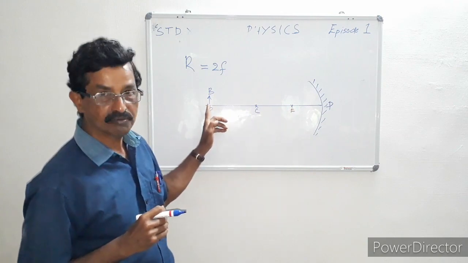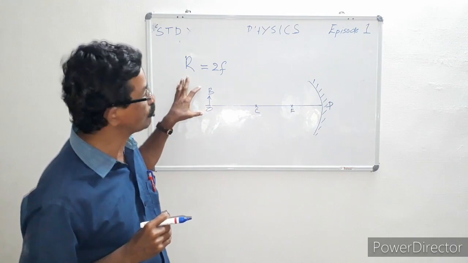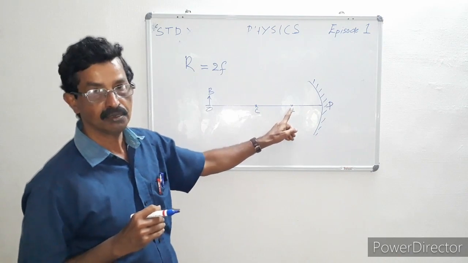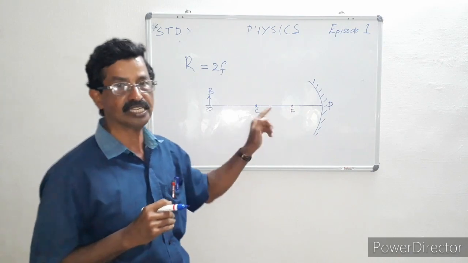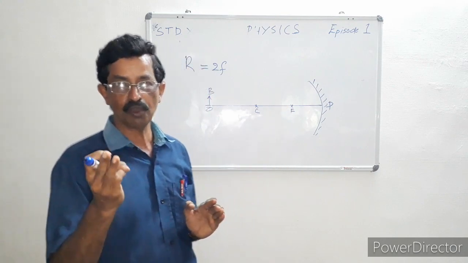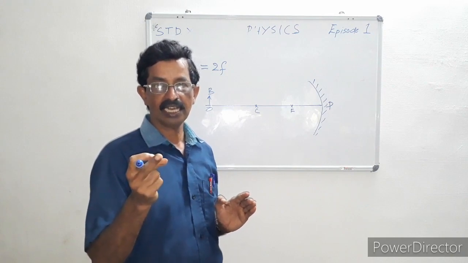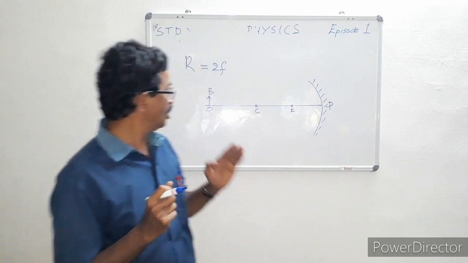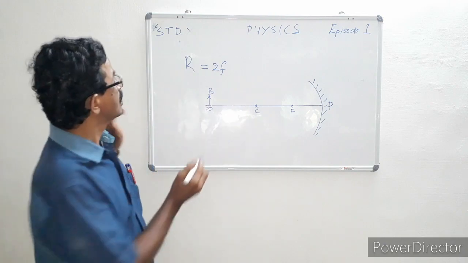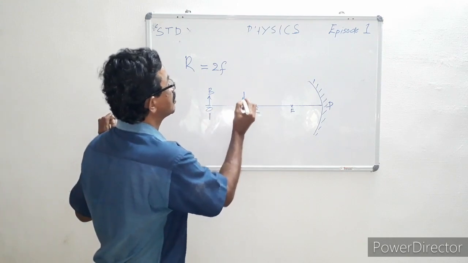When the object is at a very large distance, light from it is parallel, so all of this light comes and meets at the focus. So we get the image at the focus. That image will be very small, that means diminished, real and inverted. Now we are going to keep this object, instead of the first position, just behind this C.